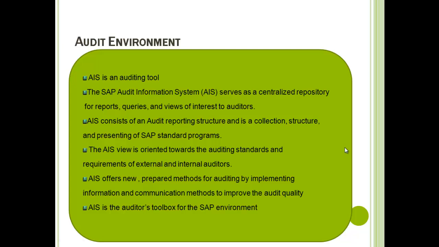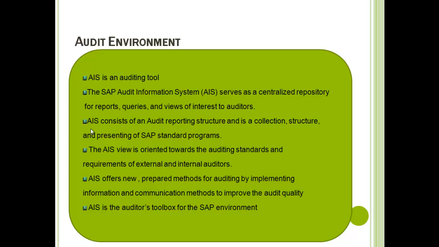Now let's understand the audit environment. As we have seen, AIS is an audit tool. The SAP Audit Information System serves as a centralized repository for reports, queries and other views of interest to auditors. So it's a collection of reports, queries and information.